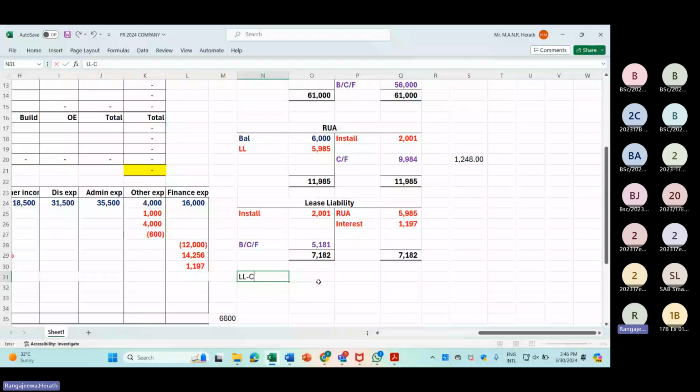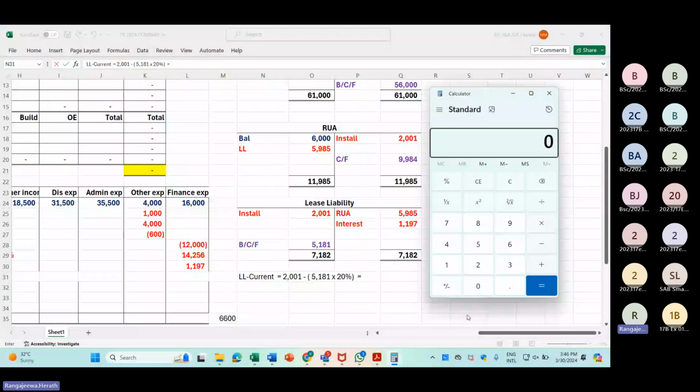From that deduct interest applicable for next year. Outstanding balance 5,181, for that 20% interest. So 5,181 into 20%. Interest applicable to next year is 1,036. When you remove it from 2001, 965 is the current portion of the lease liability.